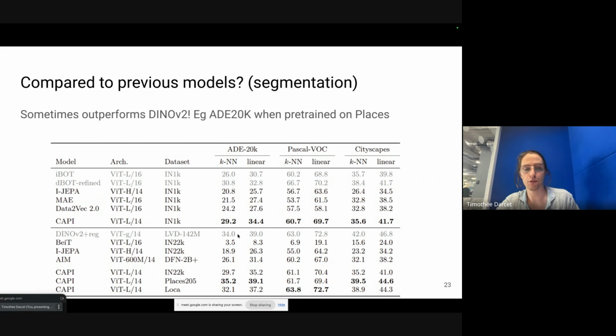And also, if you just train on the same dataset, which is more comparable, this last line, CAPI is not as good as DINO v2 plus reg. Not the same size again, so not perfectly comparable. But all in all, much better than what existed before in masked image modeling. Not SOTA SSL yet, but who knows?